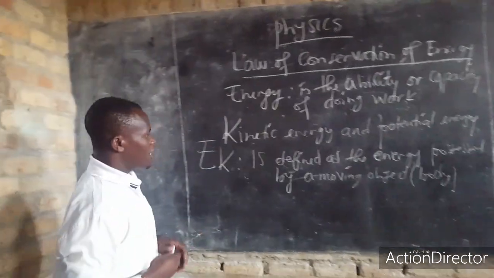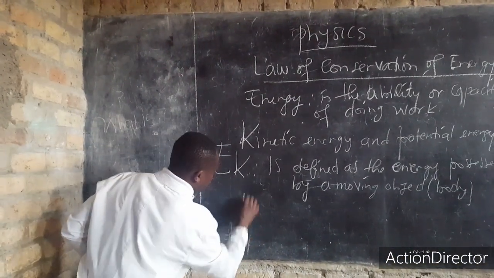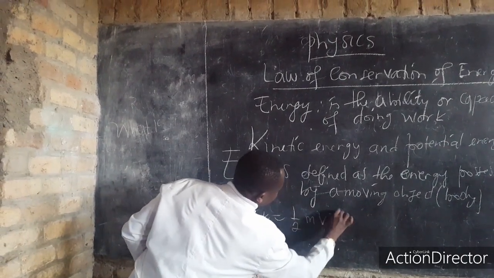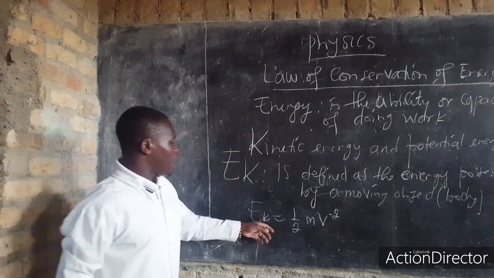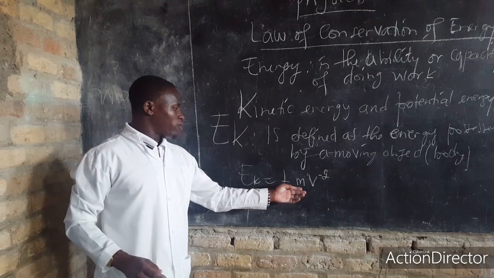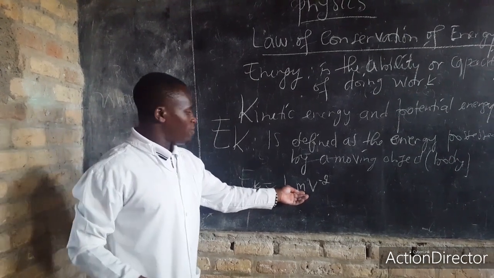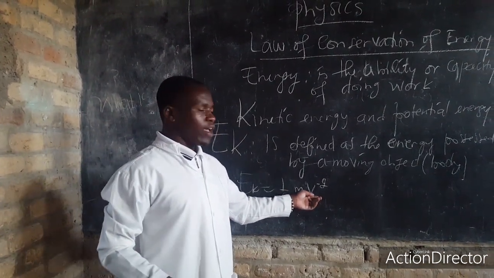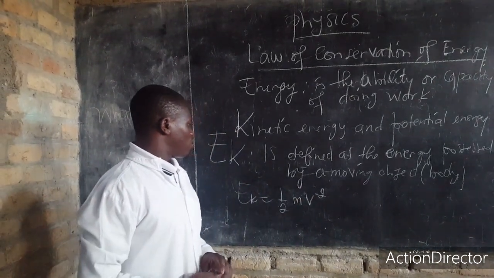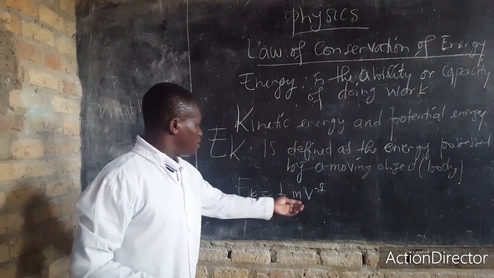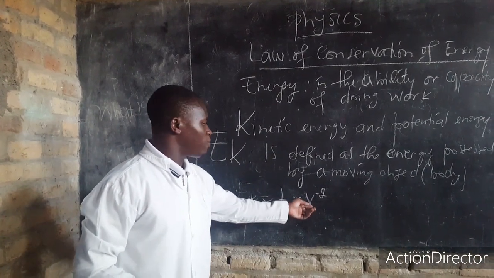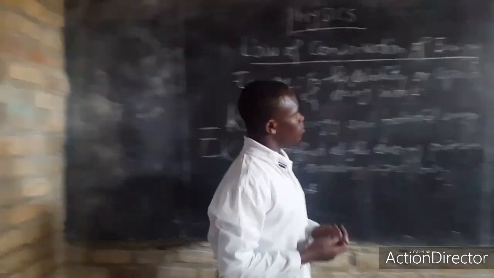In the formula it is given by EK equals 1/2 mv squared. This implies that kinetic energy is directly proportional with the mass of the moving object and the square of the velocity of that moving object. It is half of mass times the velocity squared of our object.